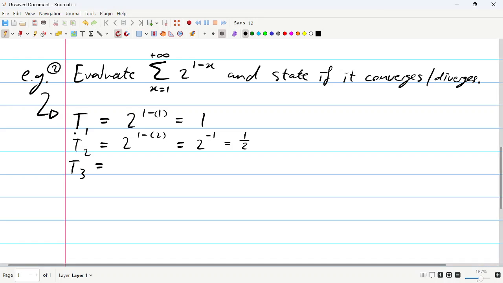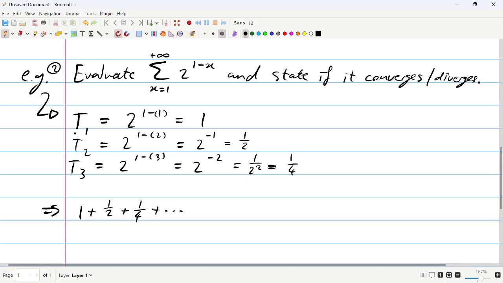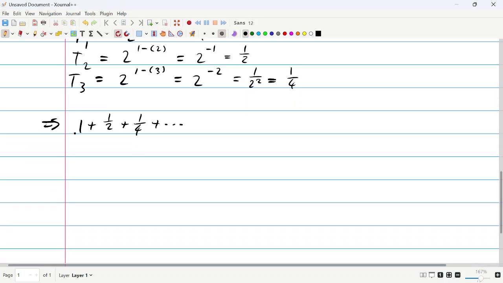Term 3 is going to be 2 to the power of 1 minus 3. And 1 minus 3 is -2. This is 1 over 2 to the power of 2, which is equal to 1 over 4. Okay, so therefore we are going to have 1 plus a half plus 1 over 4 plus ... Okay, so that is our series that we're working with.